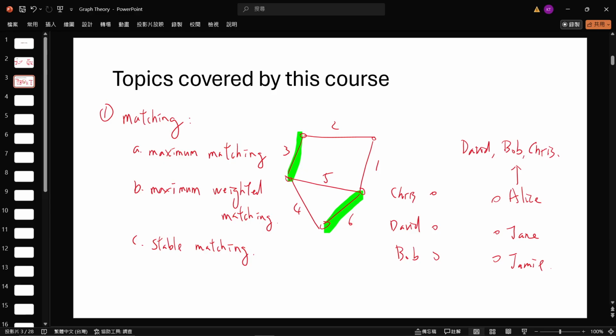So this is Alice's preference list. For this stable matching problem, you have the preference list for every client, and you have to match them according to their preference lists in a stable manner. We're going to spend some time discussing these variants of matchings and of course the solution, the algorithm.